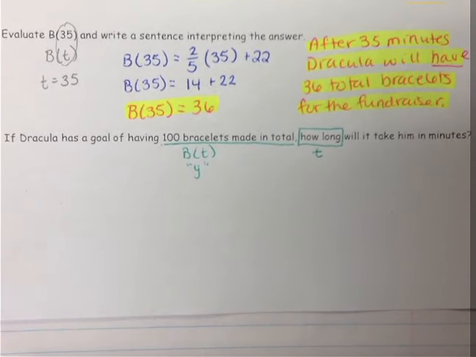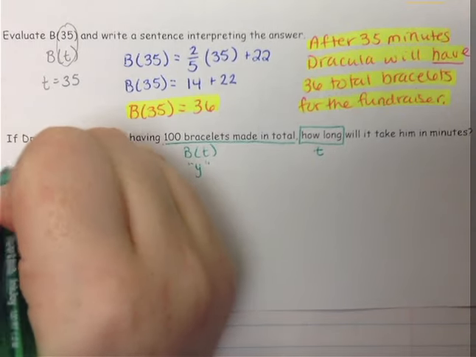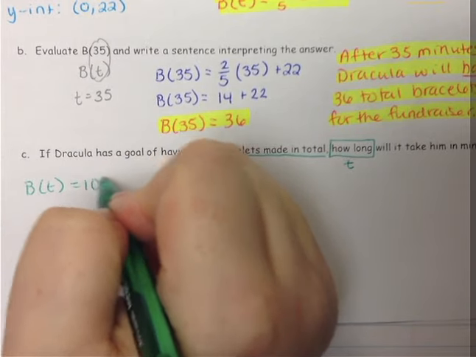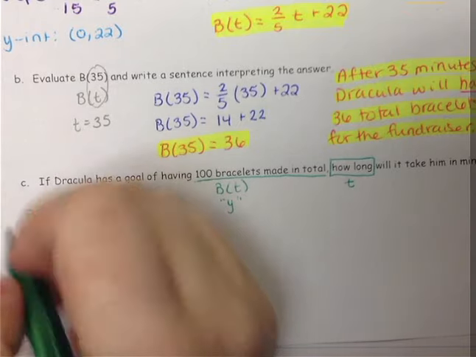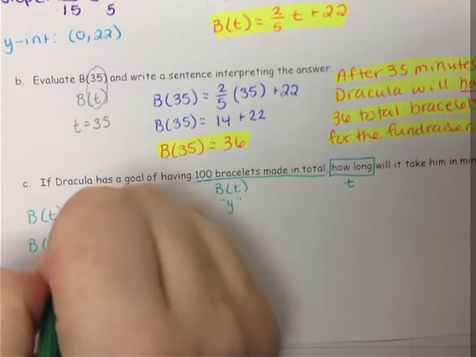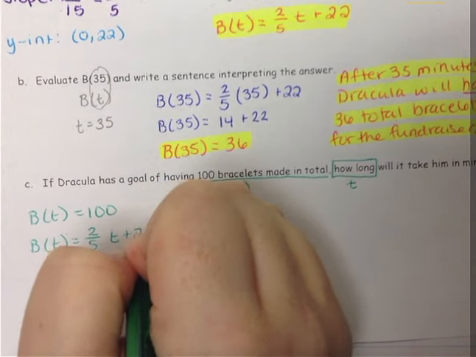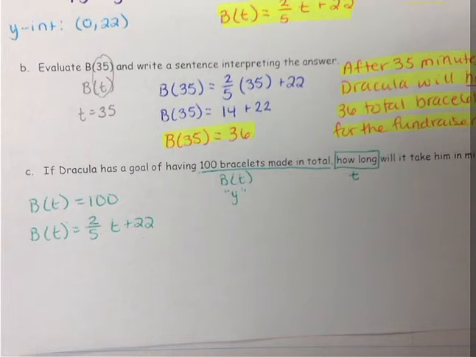It says we want our bracelets to be 100, so B of T we want to be equal to 100. But we already know the equation of B of T is equal to that 2/5 T plus 22. These two equations we want to be the same.